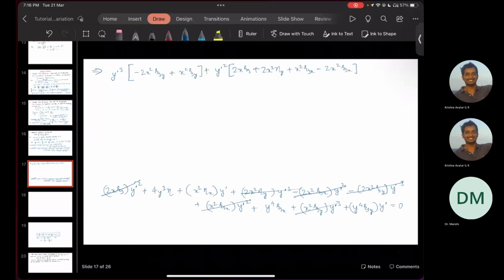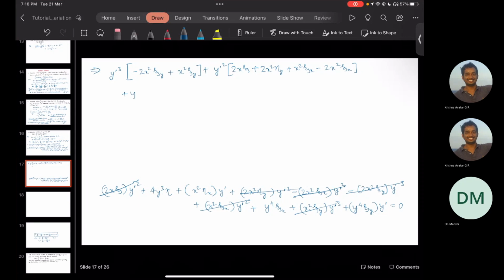Now let's come to y prime containing terms. So with this, we have the first one, which is x squared eta of x. This goes, and the other one is y to the power 4 xi y prime.